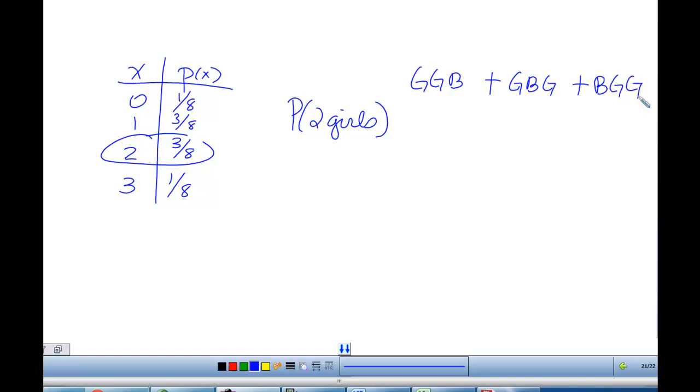Those are the possible ways, the simple events we would have to consider. In each of these we get 2 girls and 1 boy. We've got 2 successes and 1 failure. Not that boys are failures, but in this case it would be a failure.